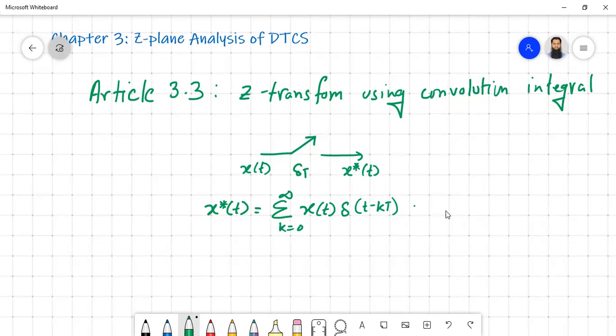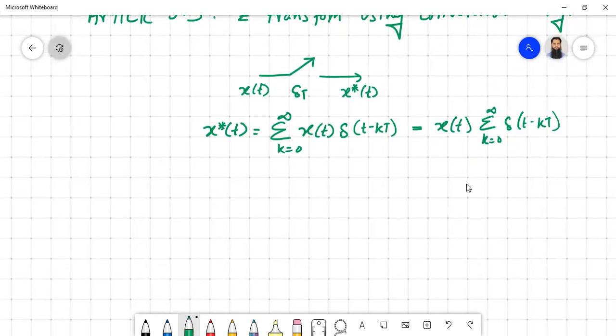Since it is just signal strength, we can isolate the train of pulses, the summation from k equal to 0 to infinity of delta t minus kt. Since the magnitude at any particular instant t equal to kt is 1, multiplying by 1 eventually gives the magnitude of x(t) at that instant.